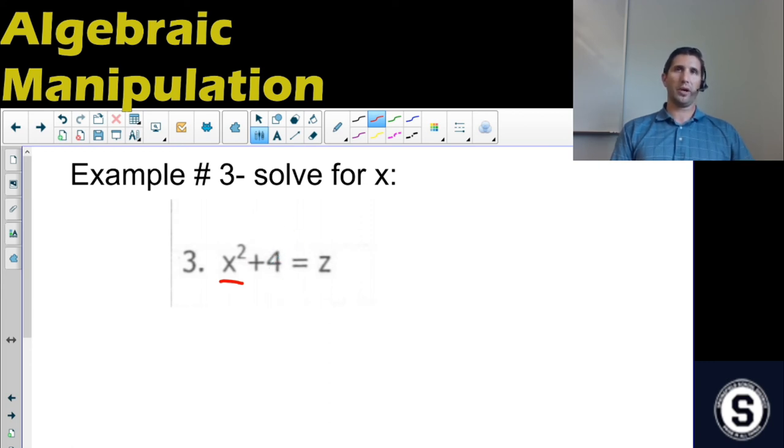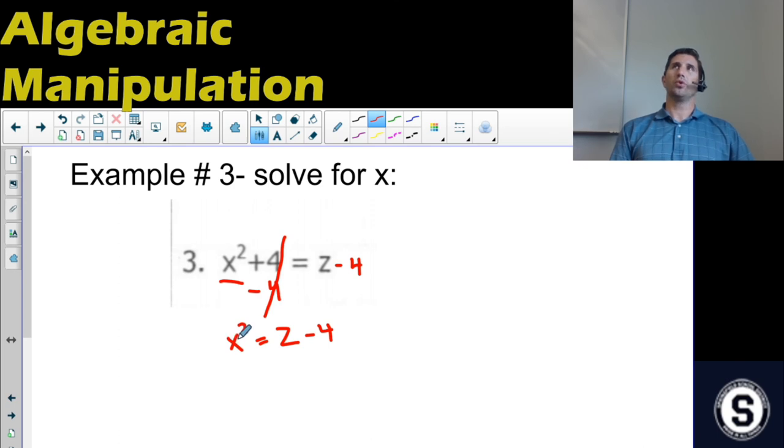Thinking about our order of operations, when we're working in reverse, we're going to do pluses and minuses first. So 4 is being added. I need to subtract 4 from both sides in order to undo that. So there goes the 4. Now I have x squared equals z minus 4. Now think about squaring.